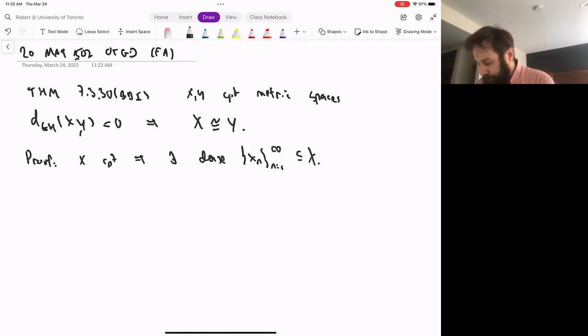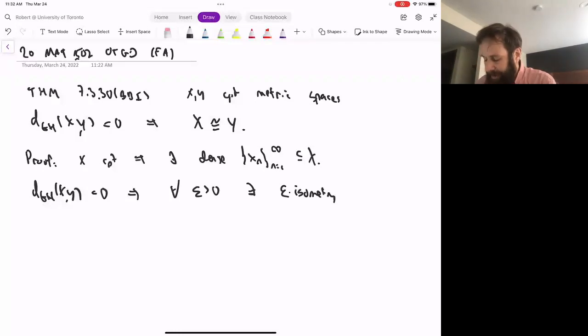And the Gromov-Hausdorff distance being 0 implies, from the last lemma that we talked about in the previous lecture, that for every epsilon positive there exists an epsilon isometry.